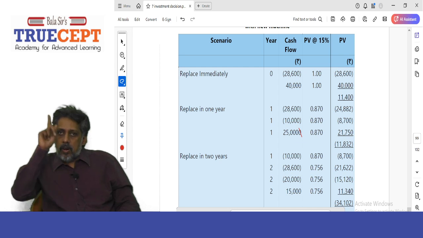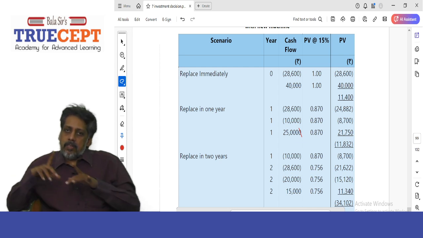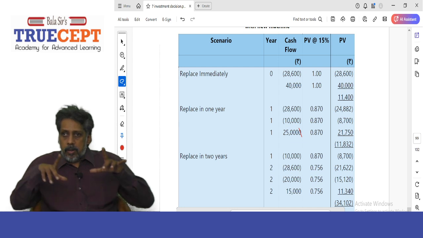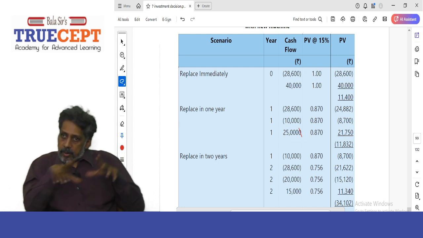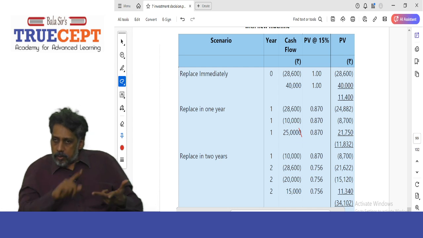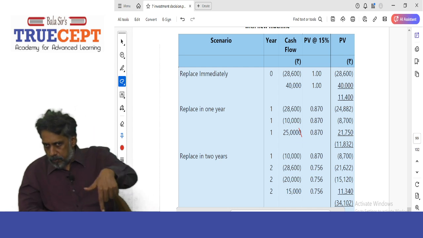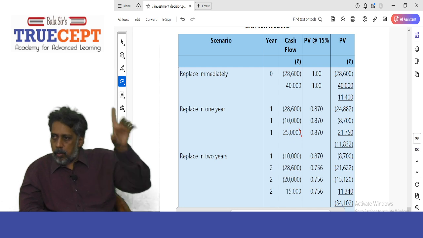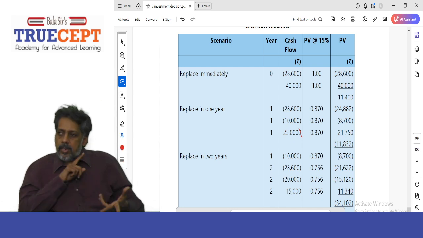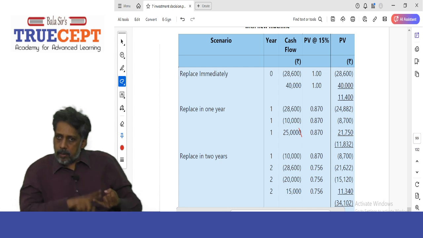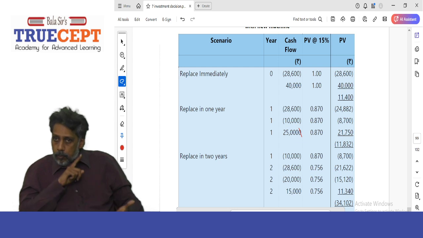Now, I have to consider all the 3 cash flows, but since I want the present value, I want to bring all these numbers to present value. So, 10,000 rupees into the first year factor at 15%, 0.870, which is nothing but 1 divided by 1.15, right? Yes, sir. That is not given in the question, but you can find out. 10,000 into that, and then 25,000 into the same factor, but that's an inflow.